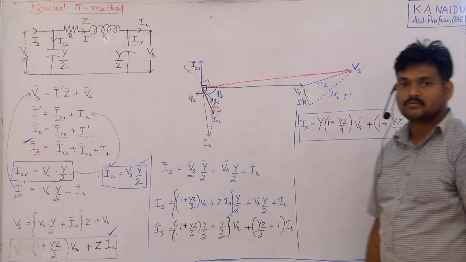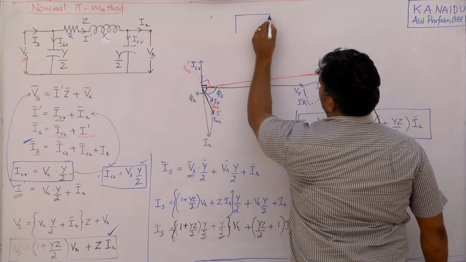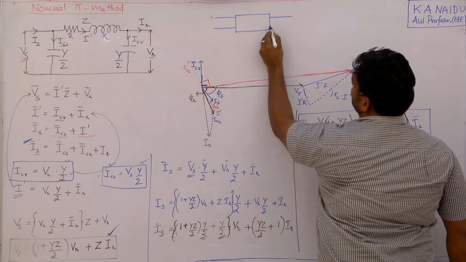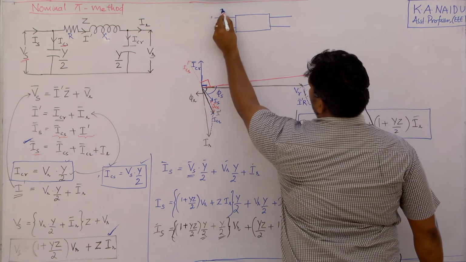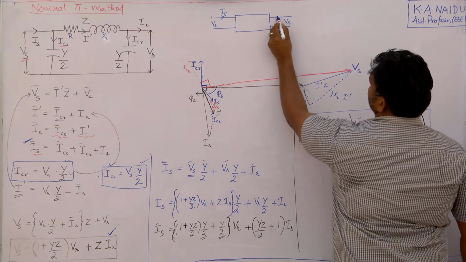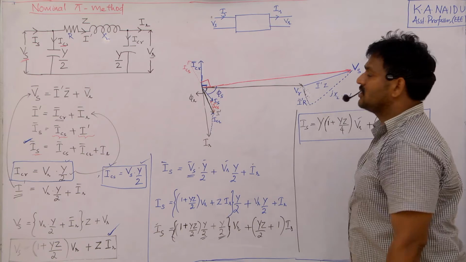Now comparing this with the two-port network. Suppose you have a two-port network having ABCD parameters. This is the input port having sending end current and sending end voltage. This is the receiving port having receiving end voltage and receiving end current.